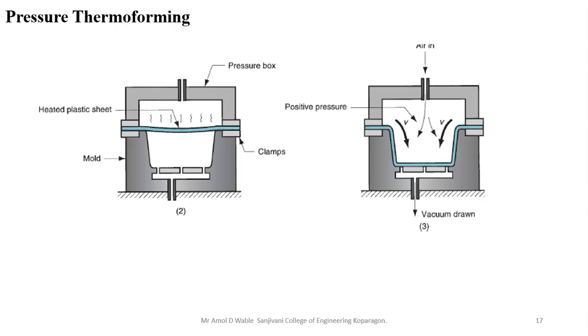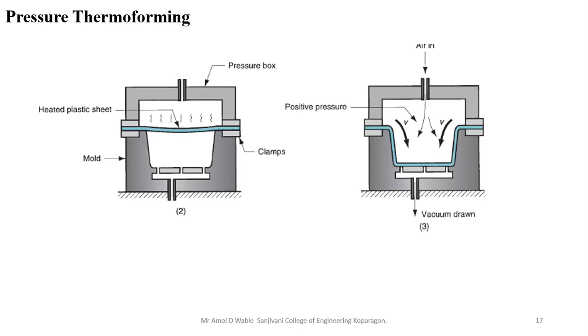In the pressure thermoforming process, it involves positive pressure, as there will be no vacuum, and it forces the heated plastic into the mold cavity. It is also called blow forming. The main advantage of pressure forming over vacuum forming is that higher pressures can be developed on the component, and the process sequence is similar to vacuum forming. The difference is that the sheet is pressurized from above into the mold cavity.